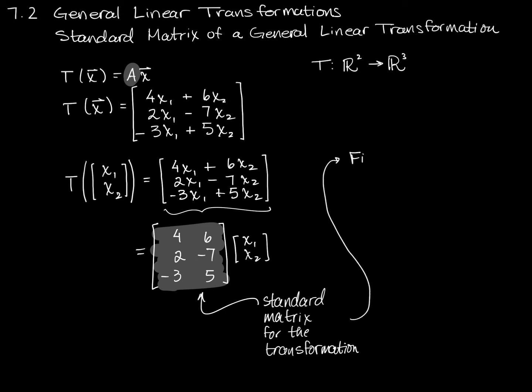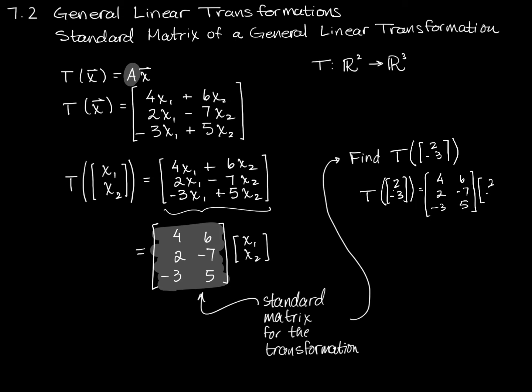Once I know what the standard matrix is, I can use it to find other images. For example, I could say now, find T of 2, -3. And that would simply be the matrix A, which is 4, 6, 2, -7, -3, 5, times the vector x1, x2, which in this case is 2, -3.